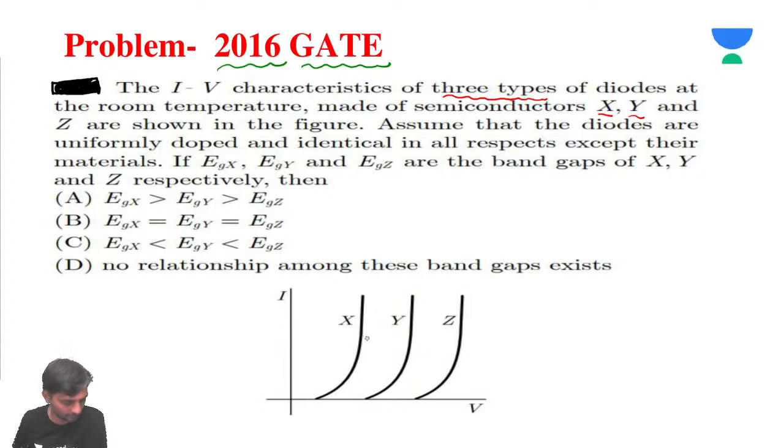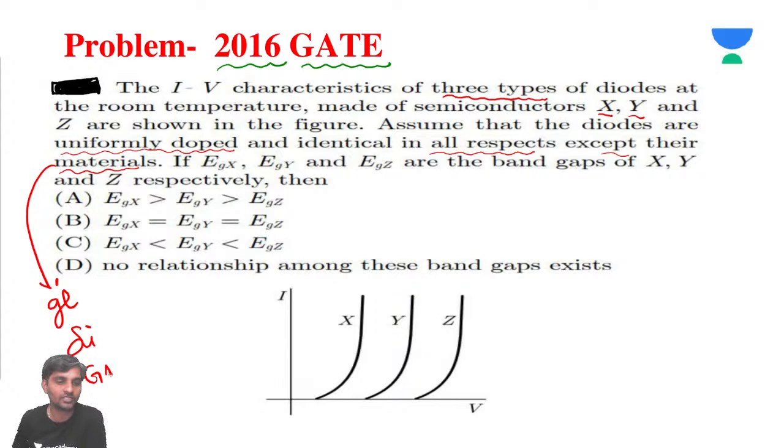This is the VI characteristics. Assume that the diodes are uniformly doped. The doping concentration is the same and identical in all aspects, except their materials. They are made up of different materials, meaning one may be germanium, one may be silicon, one may be gallium arsenide. So like this.